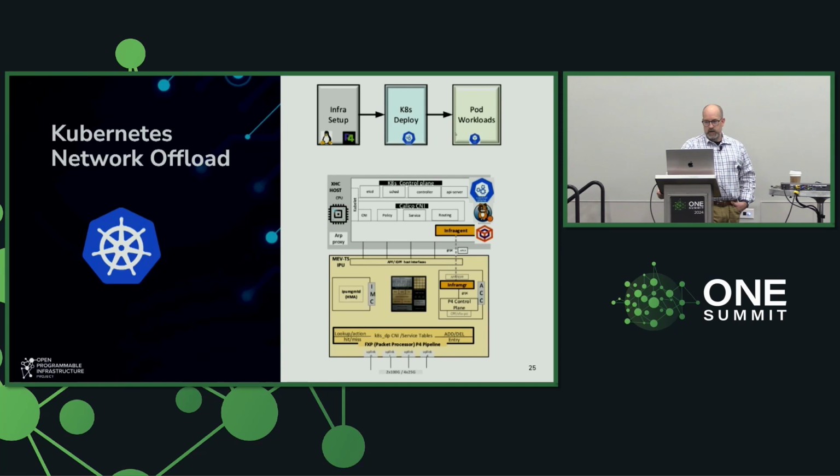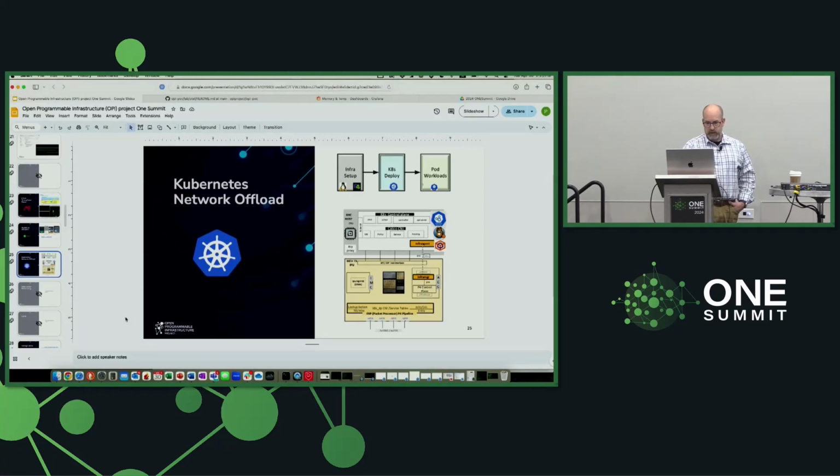The Calico CNI is running on the host itself, and there is an infrastructure agent that runs on the host that communicates with, in this case, a Mount Evans or a Dayton Peak IPU, and it communicates with that IPU in such a way that it changes the rule sets on that IPU whenever the CNI requests or makes a change on the networking connections that are needed. And I'll just show a little bit of that video, and I have 4 minutes left.